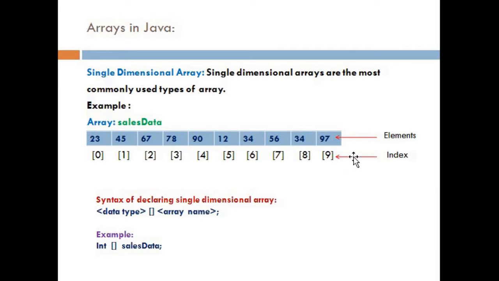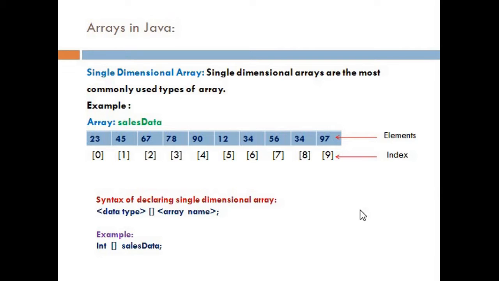That means for our array called sales data with 10 elements, the last index is 1 less than that, which is 9. So remember that the last index value of an array is always 1 less than the total number of elements of the array. Now take another example of an array consisting of 6 elements.